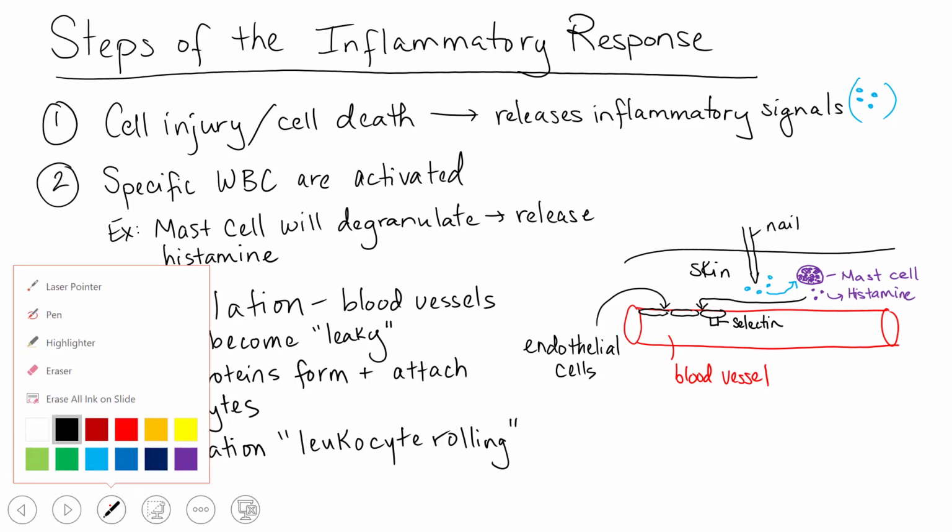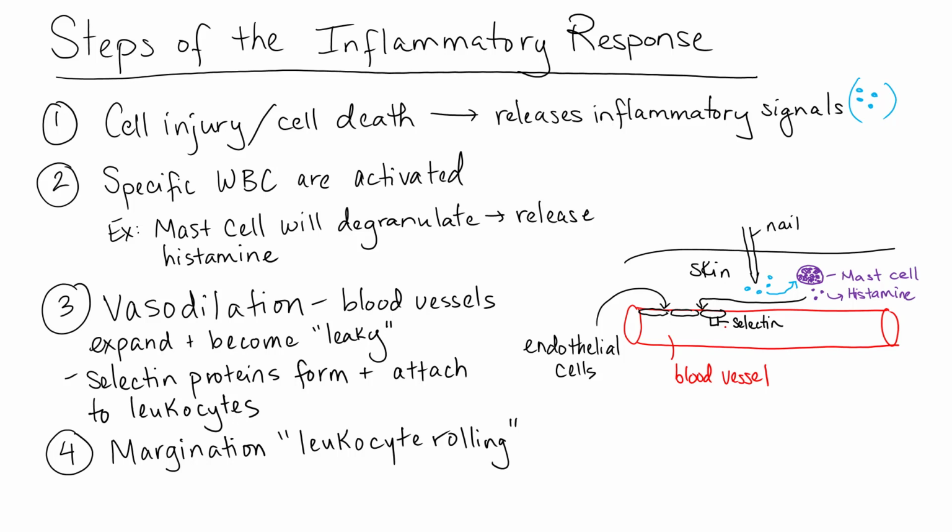Let's go ahead and draw in how about a neutrophil here? So this neutrophil will attach to the selectin. There's a neutrophil. So the neutrophil attaches to the selectin, and that's what we mean by margination.